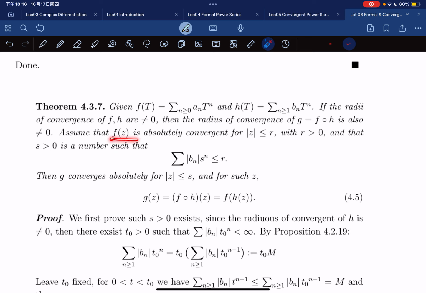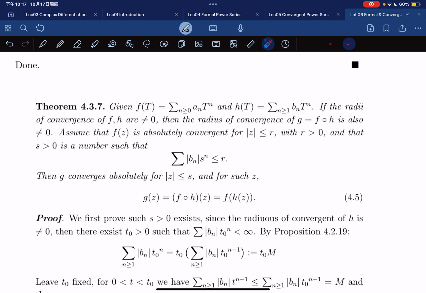Assume that f(z) is absolutely convergent for some z, right? Because it has non-zero radius of convergence. So suppose that it converges absolutely for all |z| less than r, with r positive, and s is a number such that this is true. Okay, look at this. This is true, where s.